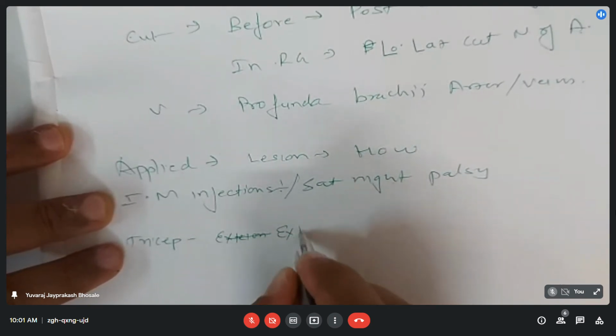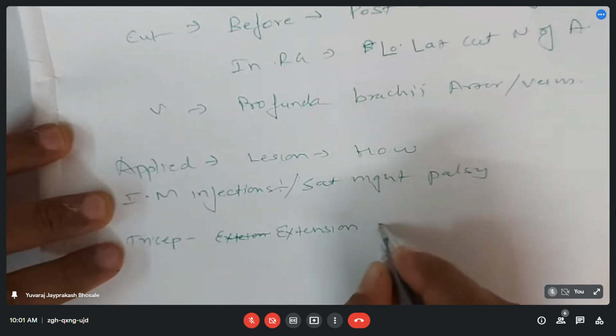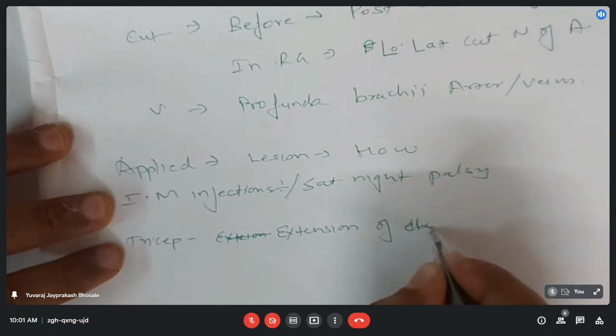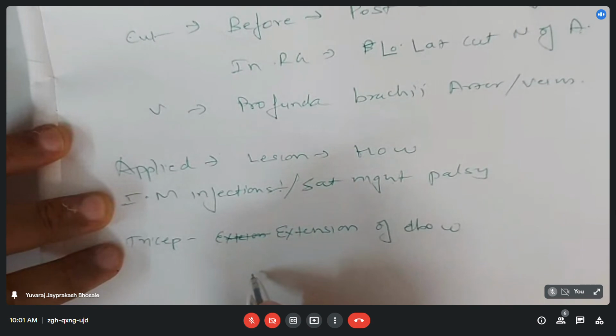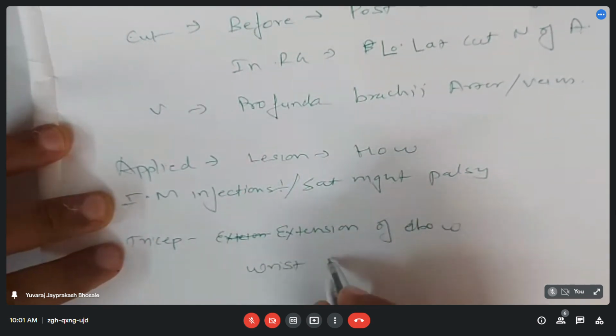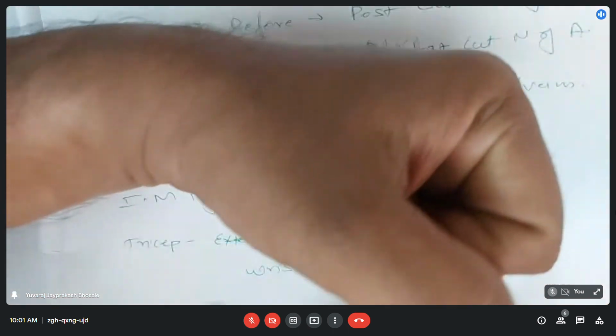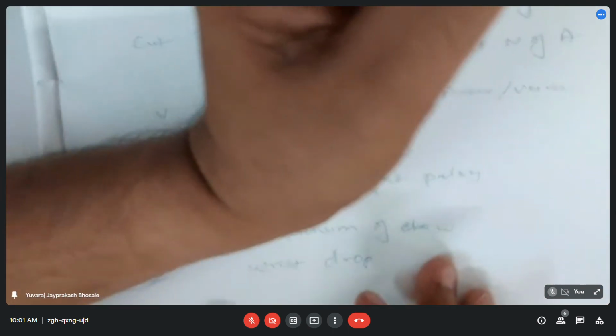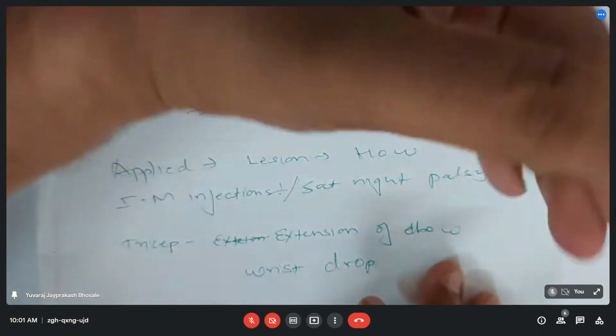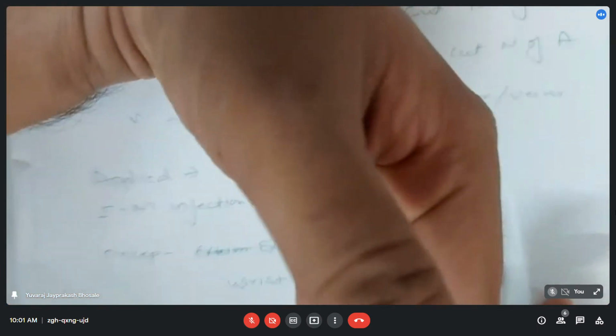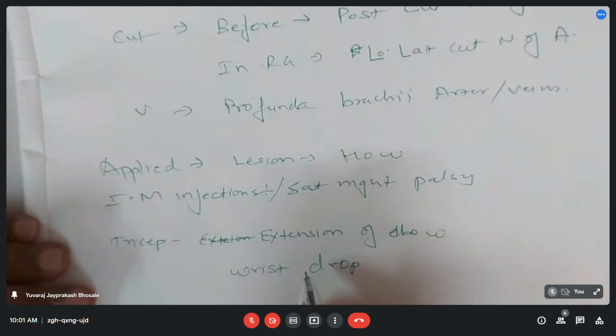And the extension of the wrist becomes weak, and therefore it leads to wrist drop. The radial nerve further supplies the muscles which extend the wrist, so if these are paralyzed, the wrist drops like this. That is called a wrist drop.